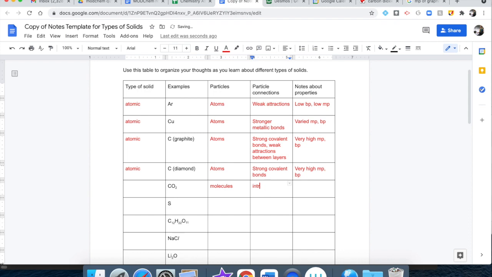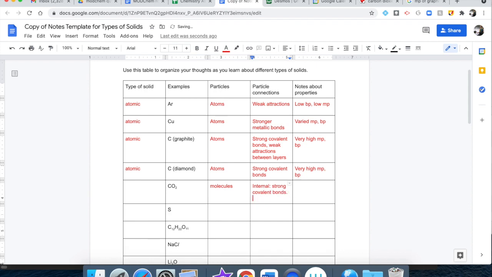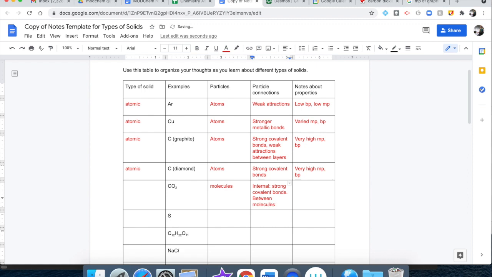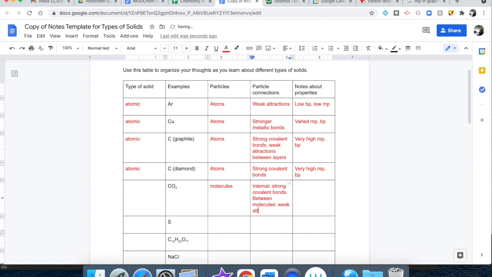Internal, we have strong covalent bonds. Between molecules, we have weak attractions.